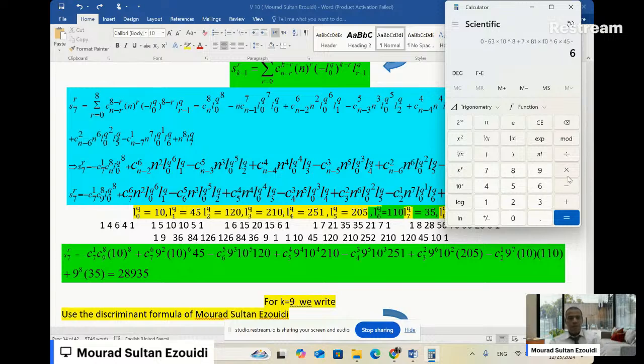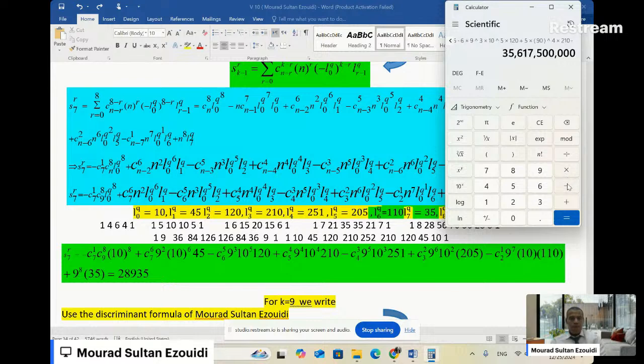Minus 6 multiplied by 9 cubed, raised to the power 3, multiplied by 10 raised to the power 5, multiplied by 120. Plus 5 times 9 raised to the power 4, times 10 raised to the power 4, multiplied by 210.